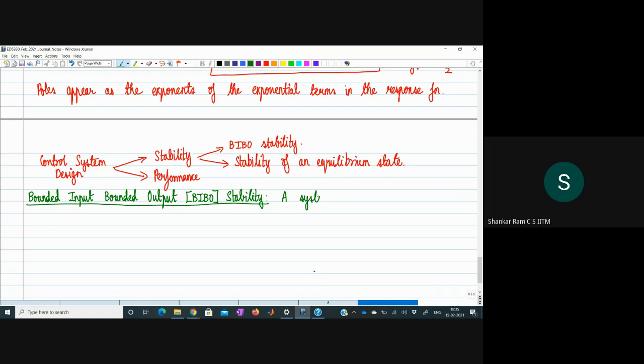So a system, of course, the class of systems under study, is BIBO stable if its output is bounded in magnitude for all time and for any bounded input.